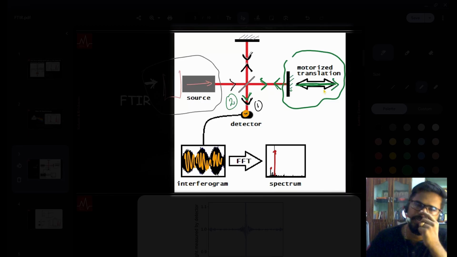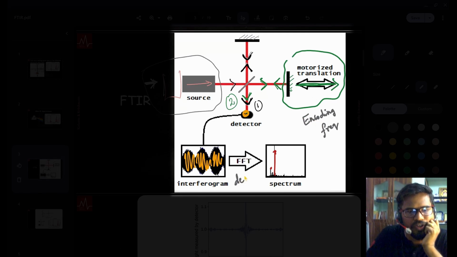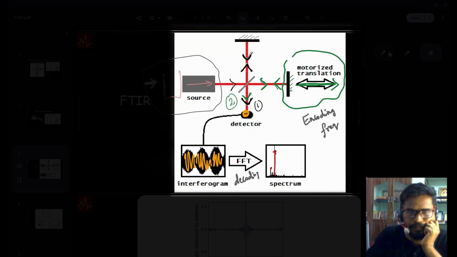At this stage, in very, very simple terms, or in signals and systems terms, you are encoding frequencies here, and here you are decoding frequencies. You got frequencies, how much of it got absorbed, that information is obtained here.